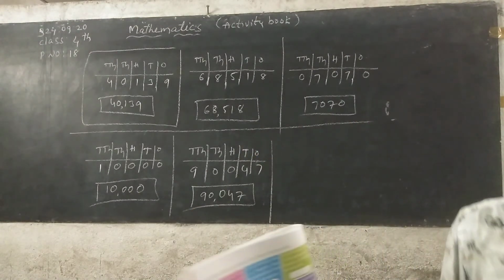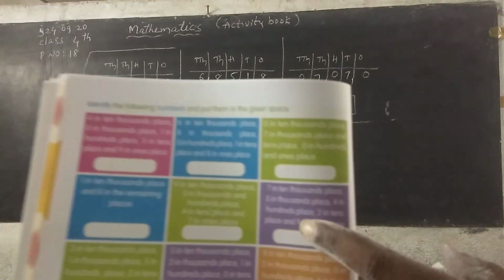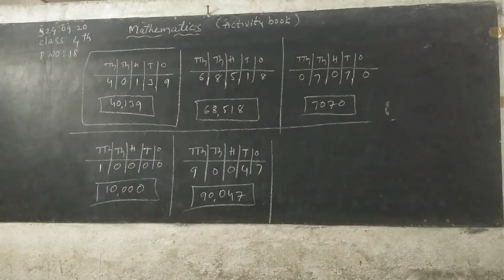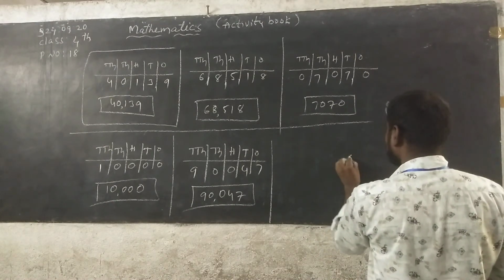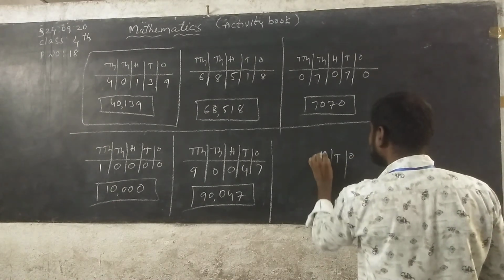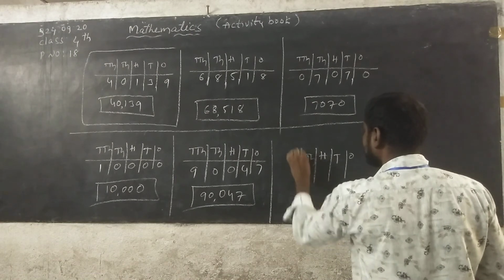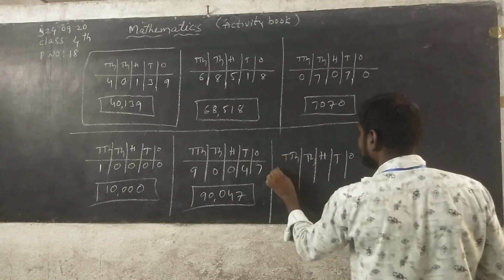Now next, second row, third one, purple color. See here, ones, tens, hundreds, thousands, 10,000's.